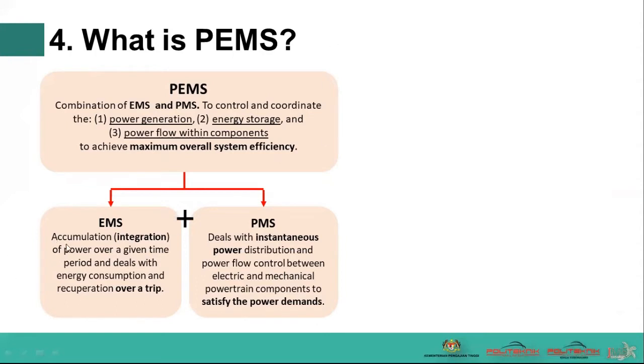EMS is an accumulation or integration of power over a given time period and deals with energy consumption and recuperation over a trip. So there is a time period in EMS, but PMS deals with instantaneous power to satisfy the power demand.